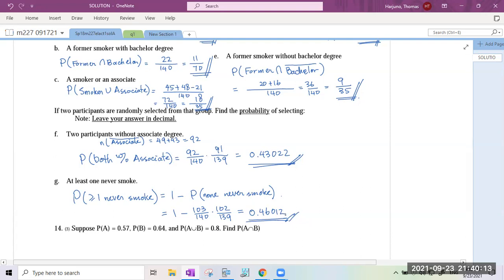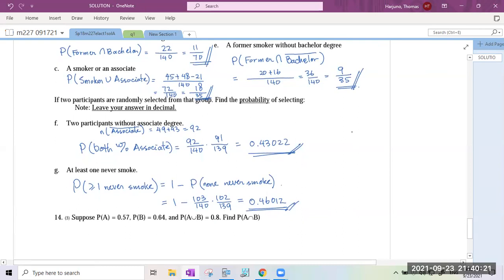Let me finish this one question, the last one, part number 14, and then I give you an illustration. Suppose you have a deck of cards, right? You select 3 cards, without replacement. What is the probability at least one ace?